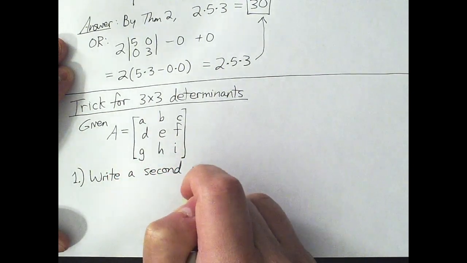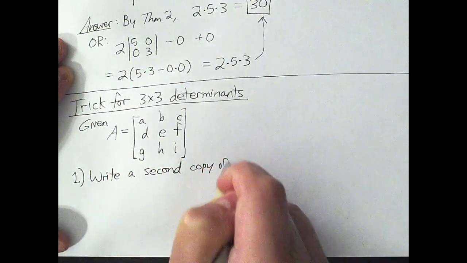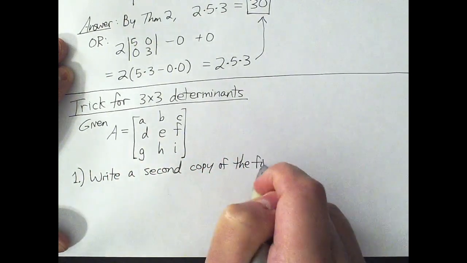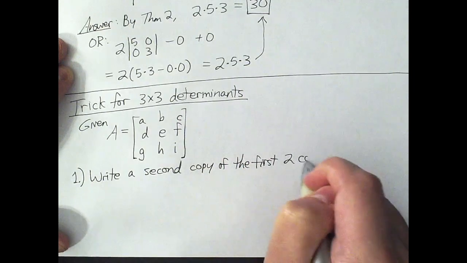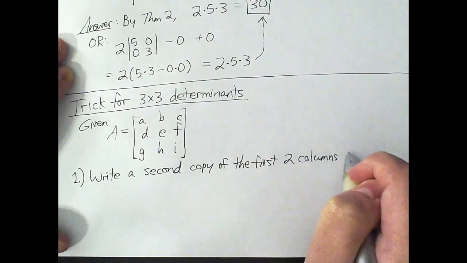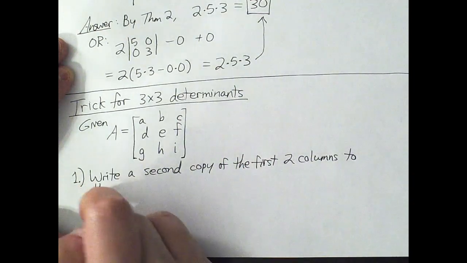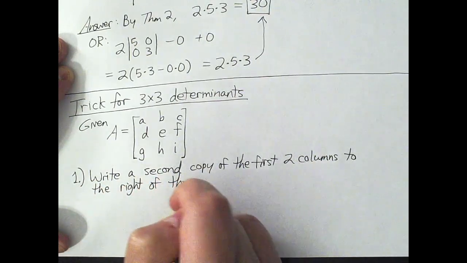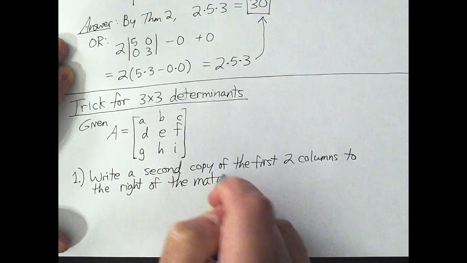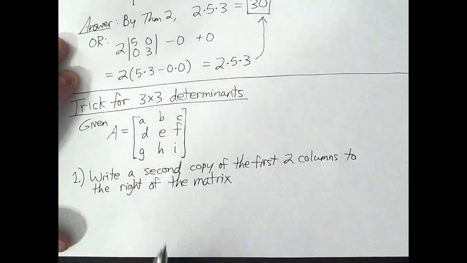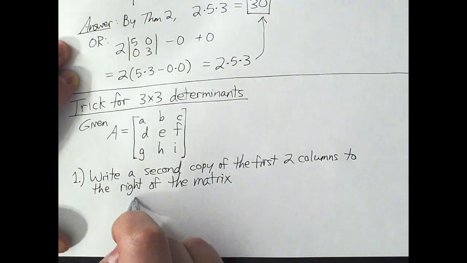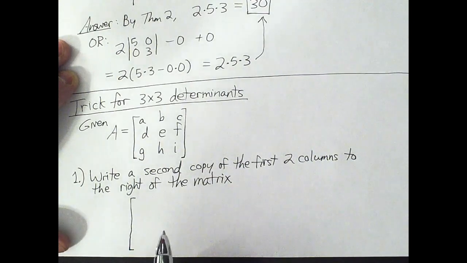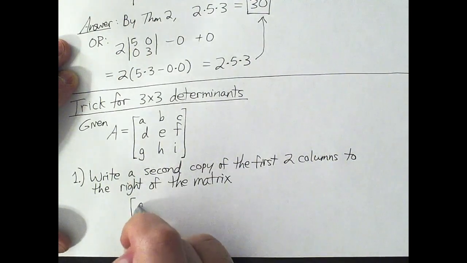Step 1, write a second copy of the first 2 columns to the right of the matrix. This is a 3-step process. I'm going to do each step as we say it. So we wrote it as a sentence, and now let's actually do it.